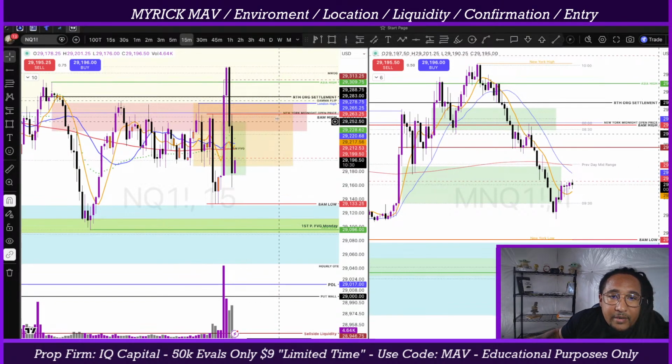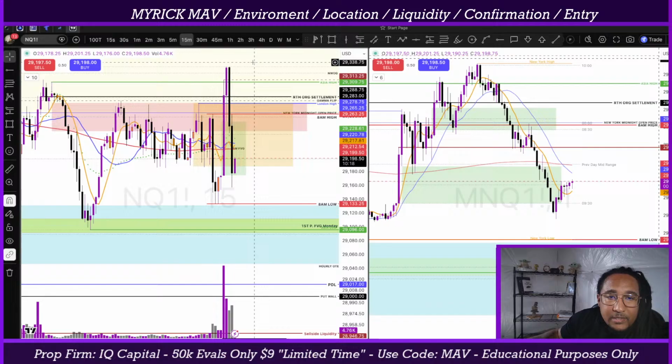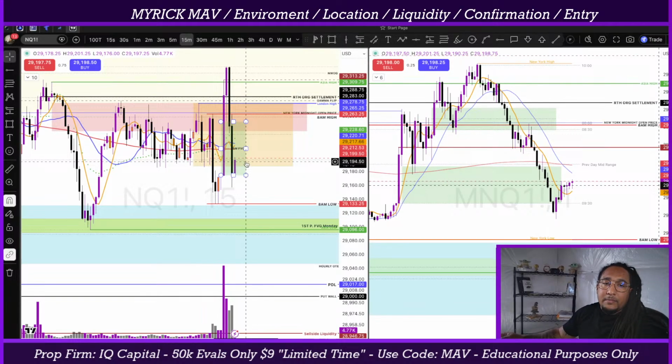This little area here would be a no trade zone for me. So if we got up to this box and rejected, we could see lower prices. If we got up out of this box, maybe a retest, we'd see some continuation to the upside.